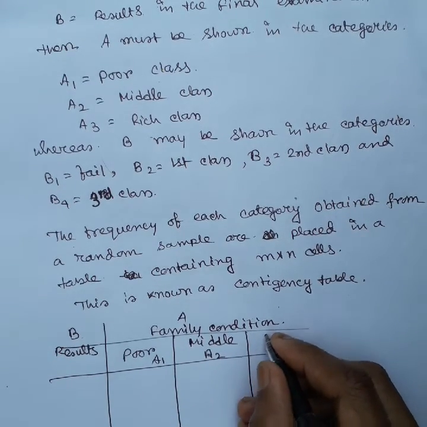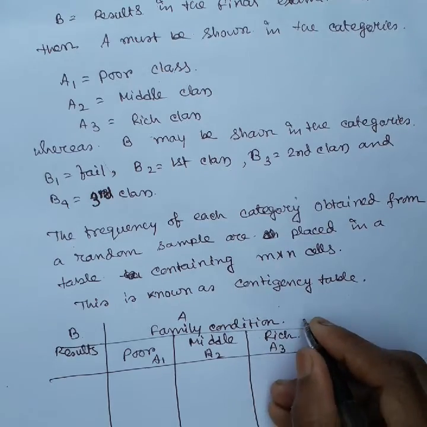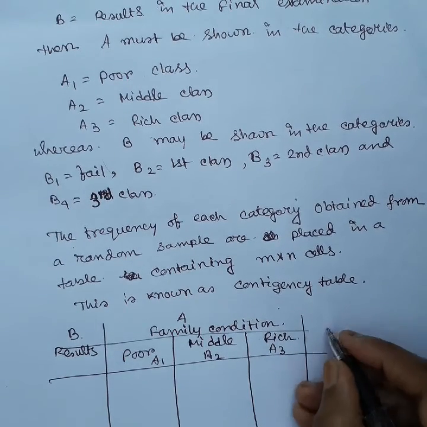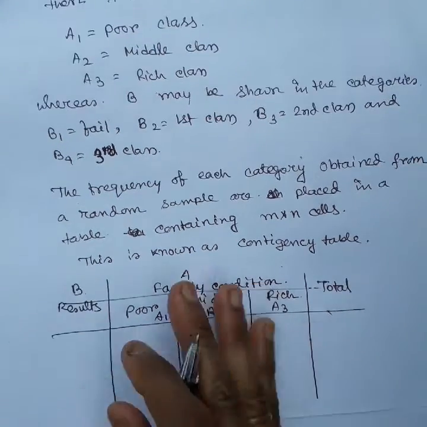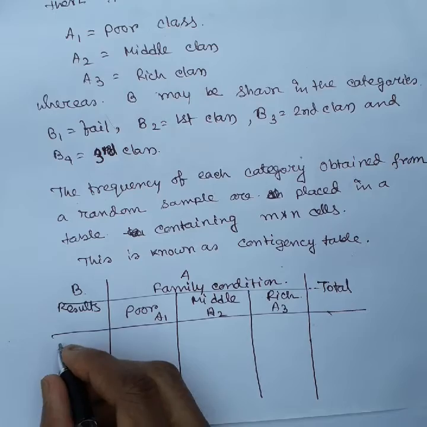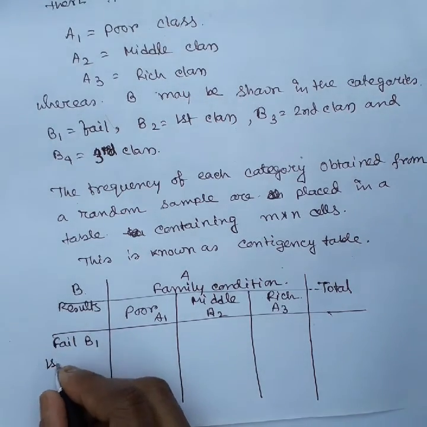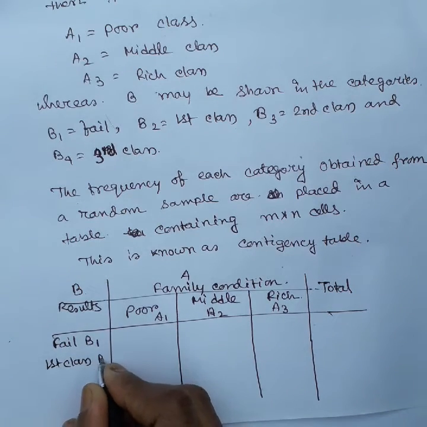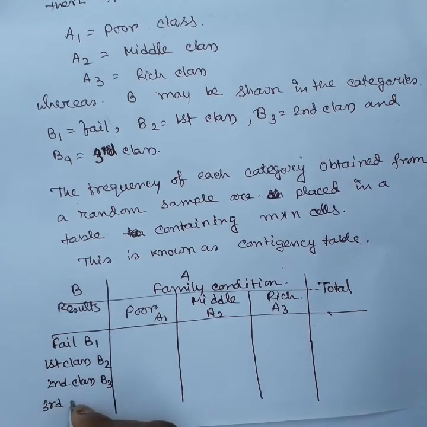There are three classes of family condition: poor, middle and rich. Okay, and four classes in results: fail B1, first class B2, second class B3 and third class B4.